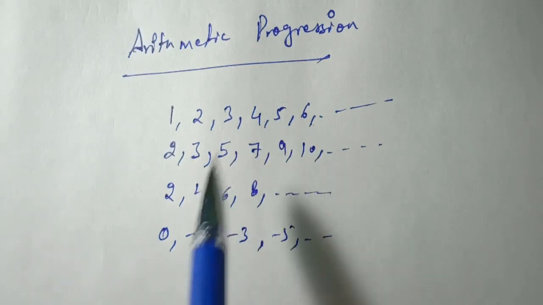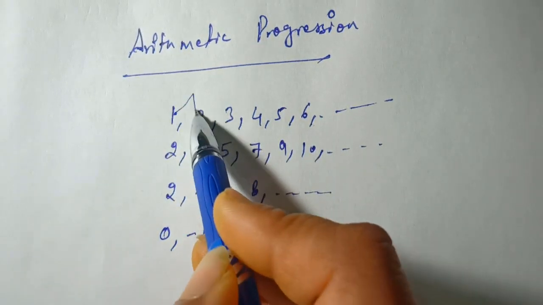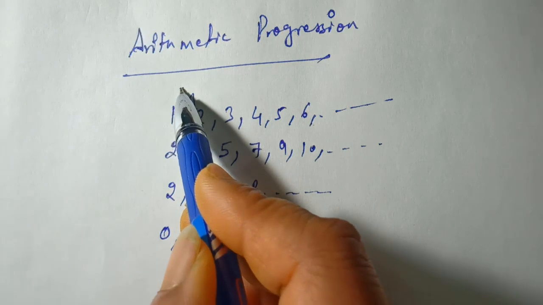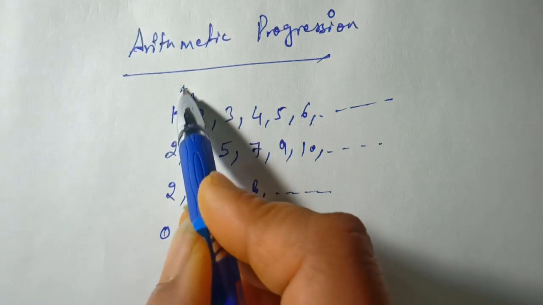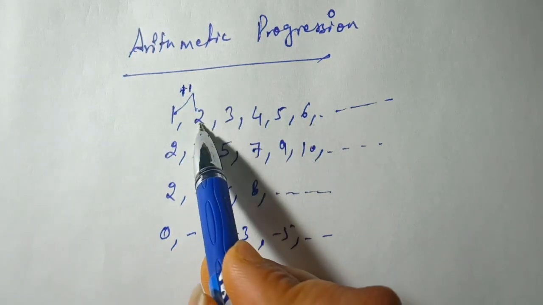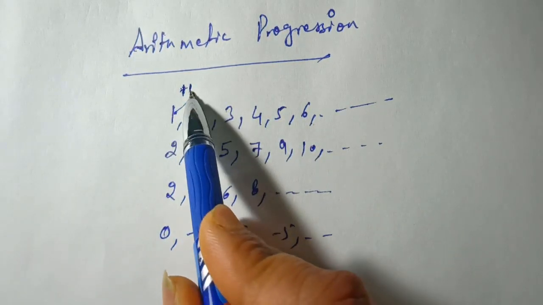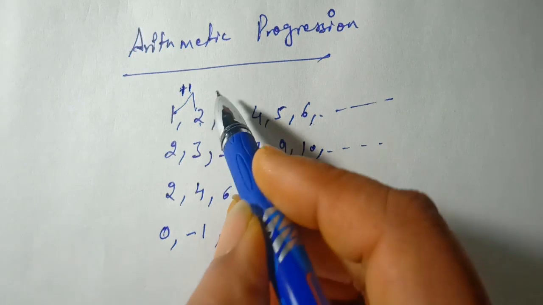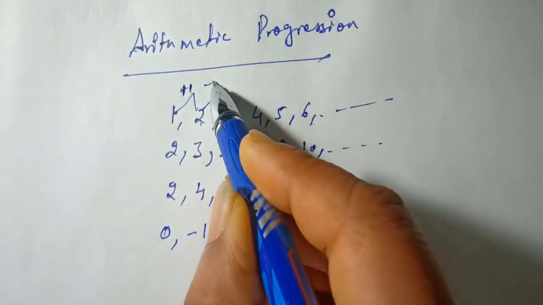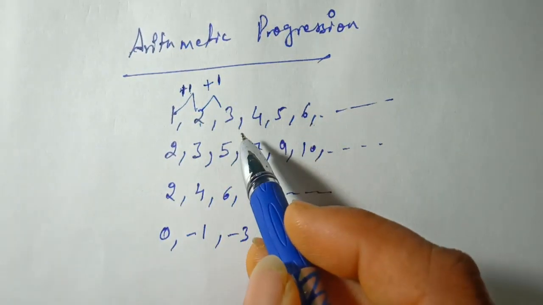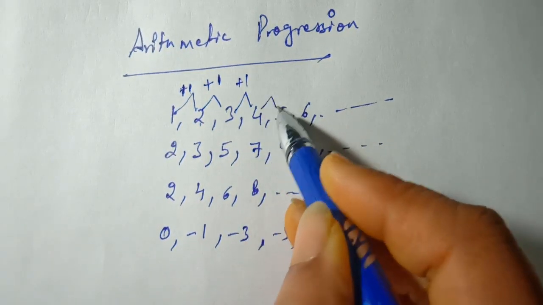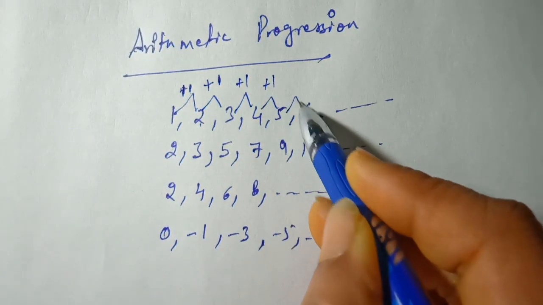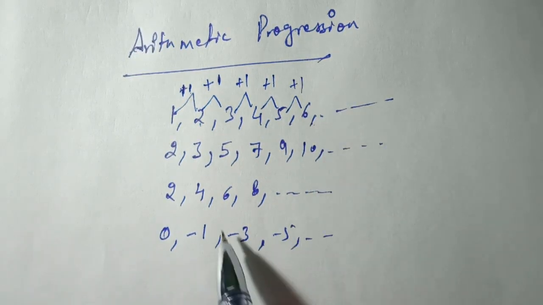So here we are observing that the same number is added to form the next number, or we can say for forming the succeeding number, the same number is added to the preceding number. So in all of them 1 is added.